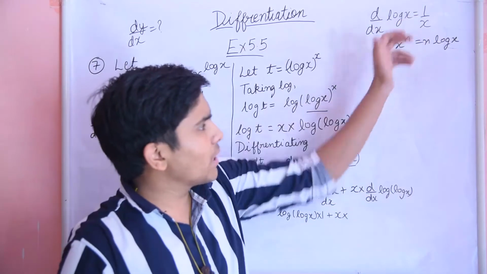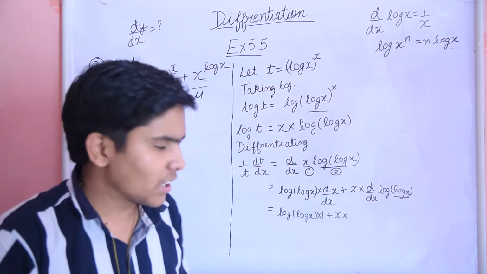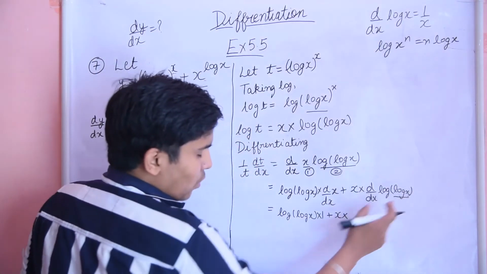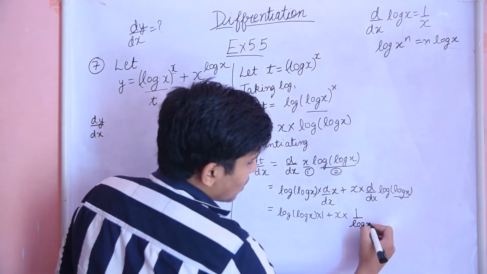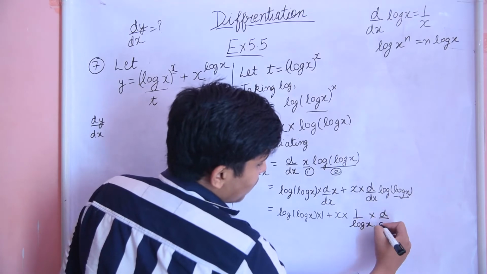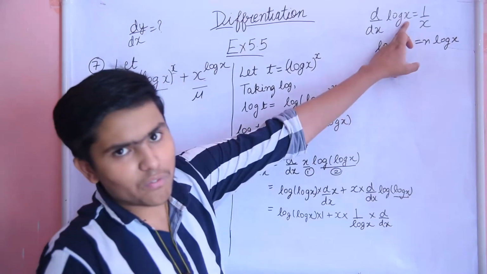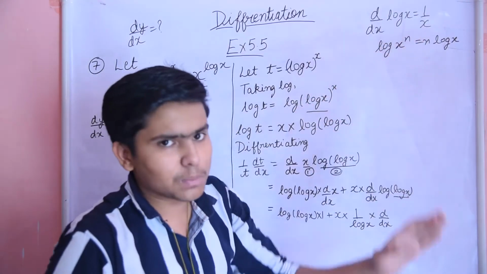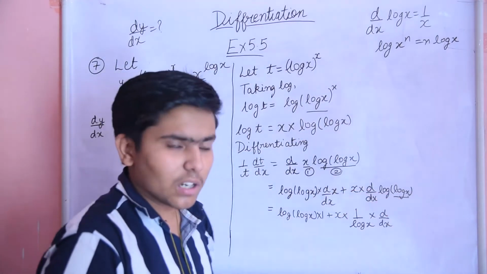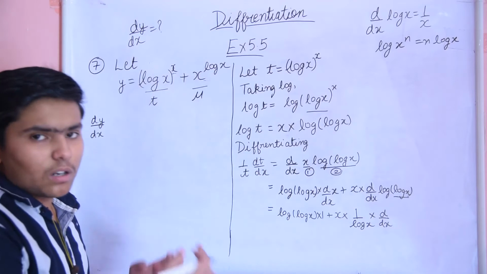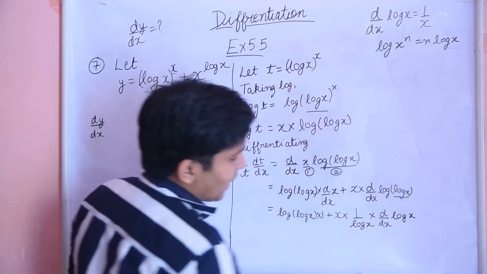the differentiation of the log function, which is 1 upon the argument. So here in place of x, log x is there, so the differentiation of log(log x) will be 1 upon log x into d/dx of log x.